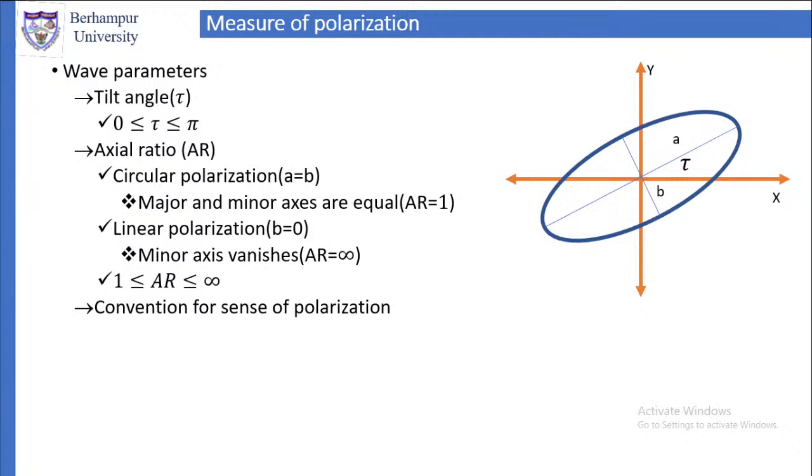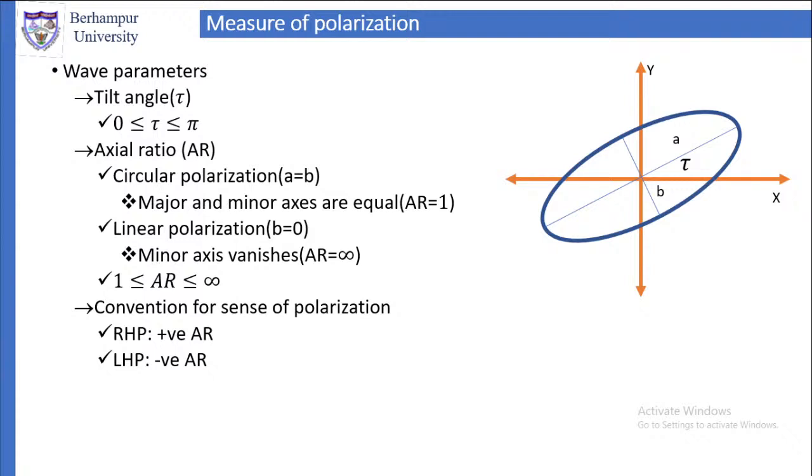To take care of the sense of polarization, some convention is used. The convention is this. It is called right hand polarized if the AR is positive, and left hand polarized if AR is negative. So now we have already seen AR is positive because it is between 1 and infinity. Now we are saying positive AR gives RHP, and negative AR gives LHP.